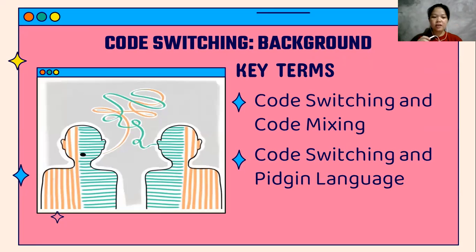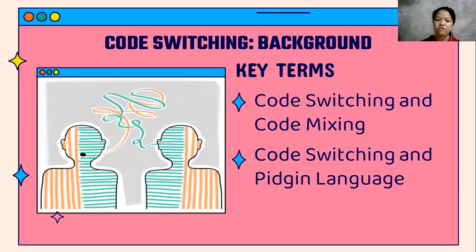But code mixing is something speakers might do unintentionally simply because they don't know the correct word or phrase. So for example, you cannot remember, or there is no English equivalent to a Tagalog word, so you speak in Tagalog. That's code mixing, not code switching. Code switching is done intentionally, and code mixing is done unintentionally.